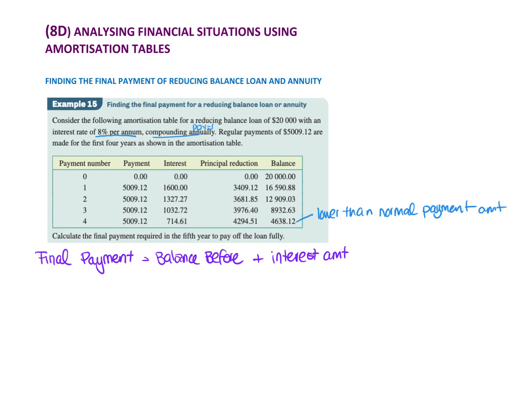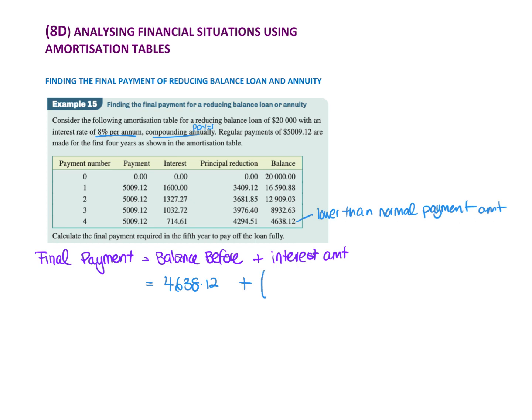In this example, the final balance in the 4th year was 4638.12, plus we have to pay interest on that amount, and if we pay all that, it will zero it off.